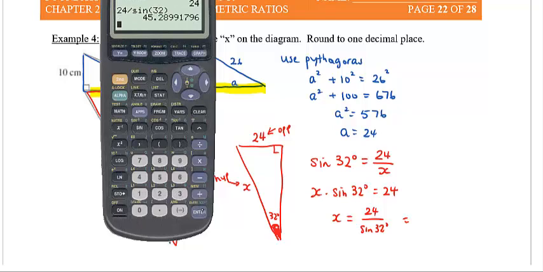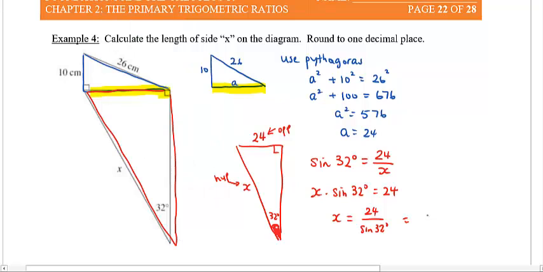There you go, 45.29. Oops, I want to round to one decimal place, so how about 45.3? Yay!